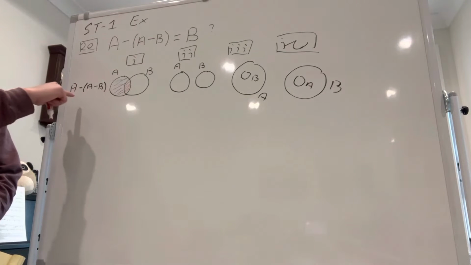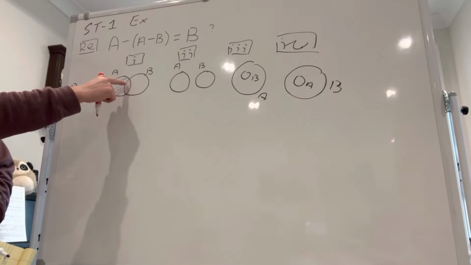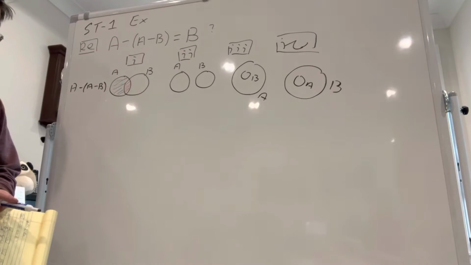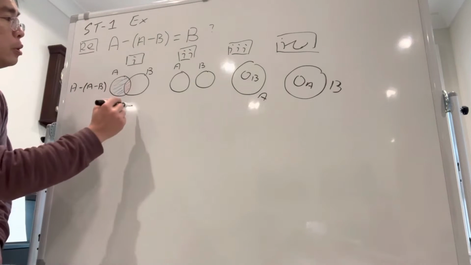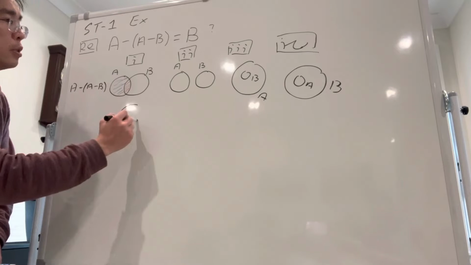So the red is this expression, and this red portion is part of B, so would be basically this.